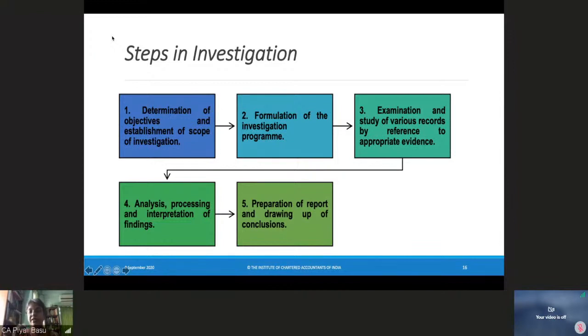Because we need to identify the resources. If you see that you can do it all alone yourself, no problem, go ahead and do it. But if you see that you need some legal expert, or some cyber crime is involved and you may not know it, you probably need the help of a cyber specialist.